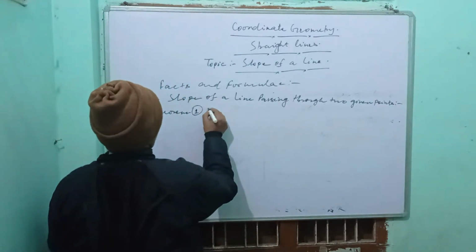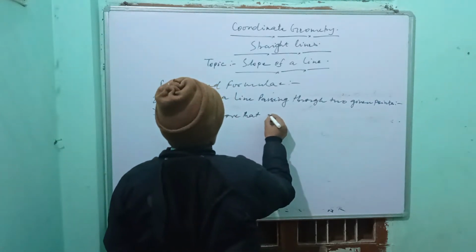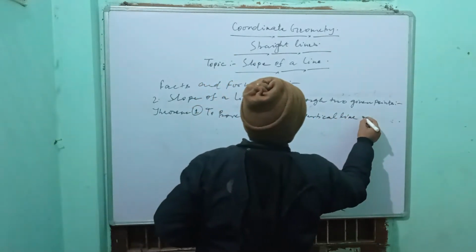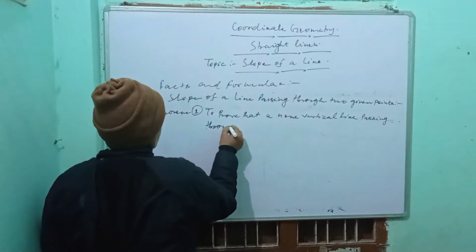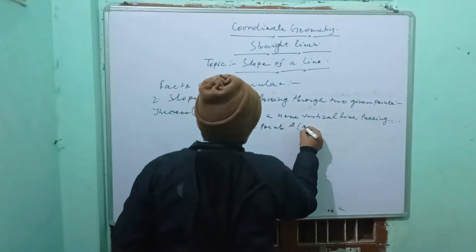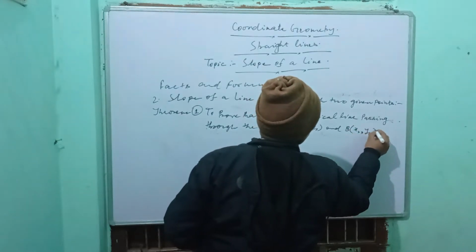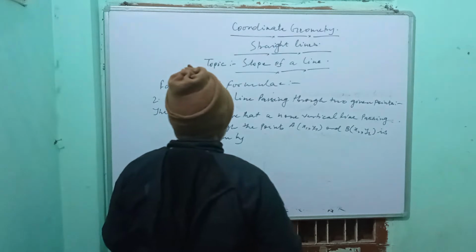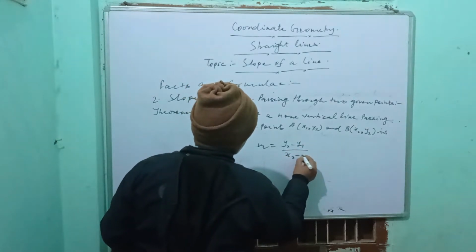To prove that a non-vertical line, passing through the points A x1 y1 and B x2 y2 is given by m is equal to y2 minus y1 by x2 minus x1.